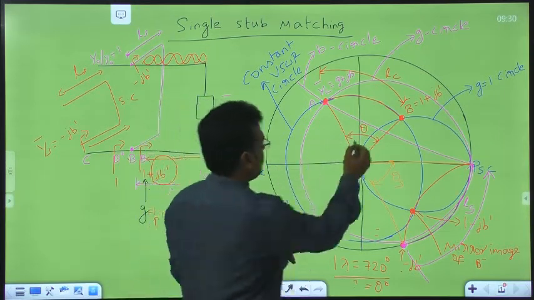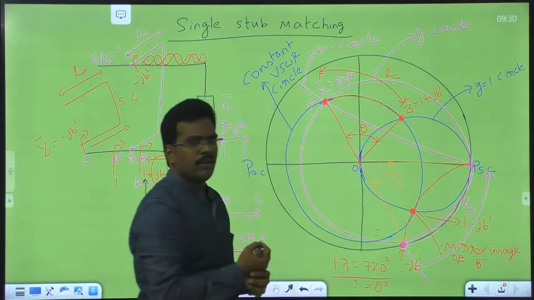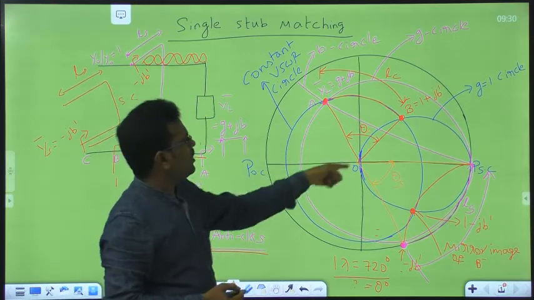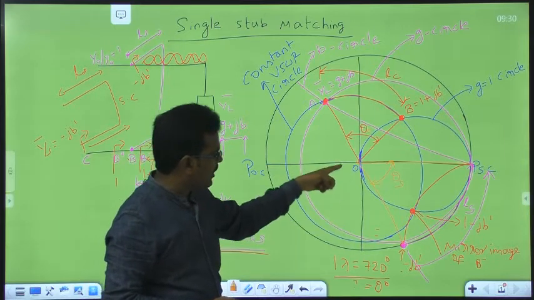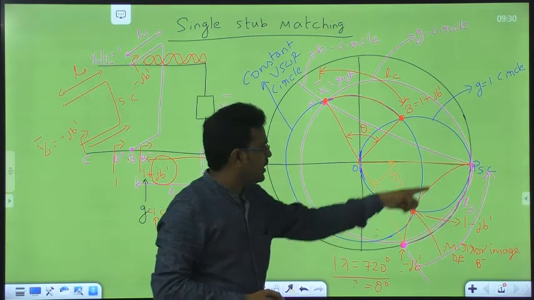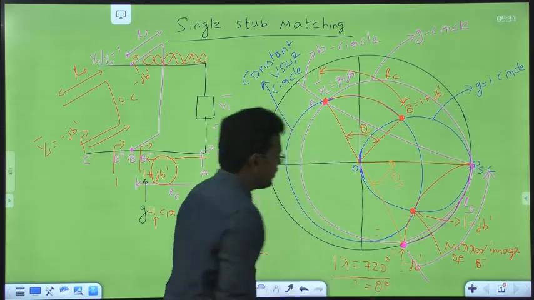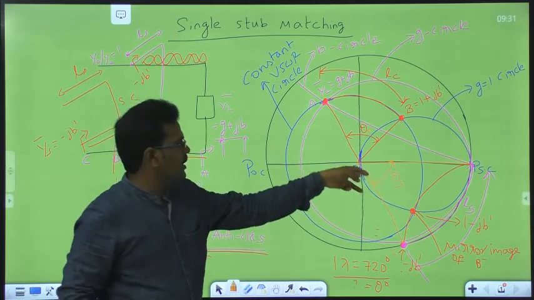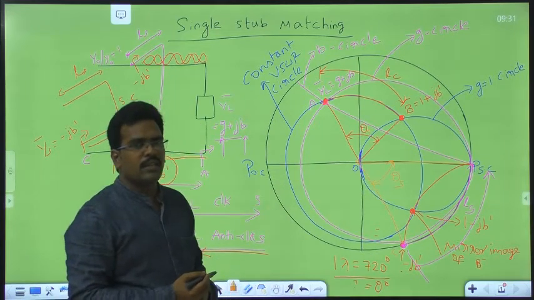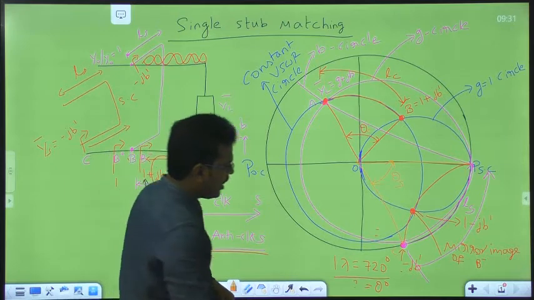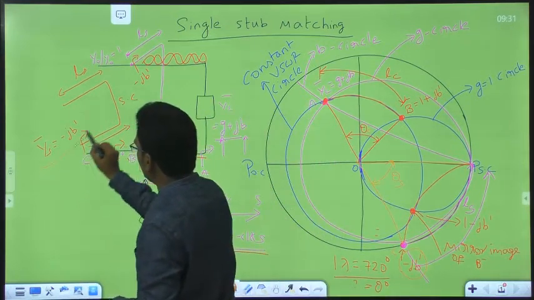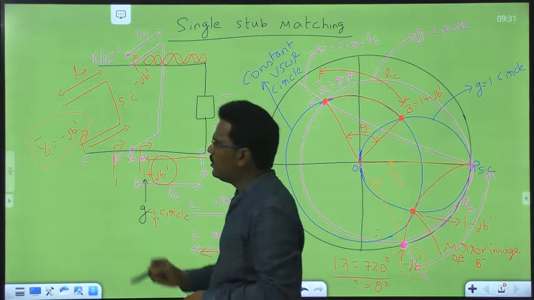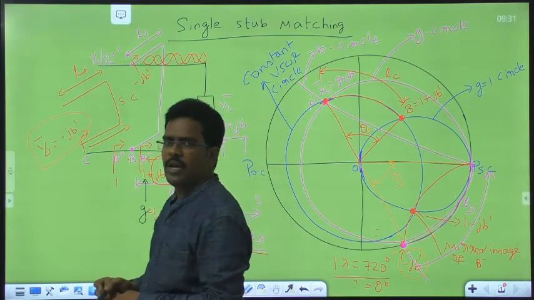The location of the stub is theta c, the angle between the B plus point and B minus point, and the angle between OC and OPS is theta s, which is the length of the stub. Minus jB dash is the stub admittance, the normalized value; multiplied by Y0 it gives the absolute value.